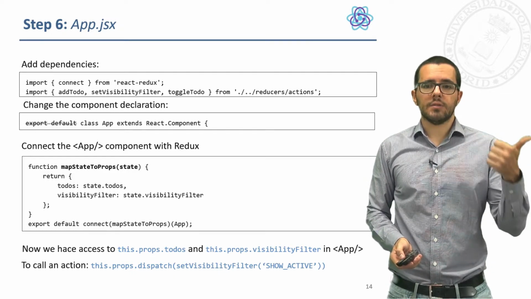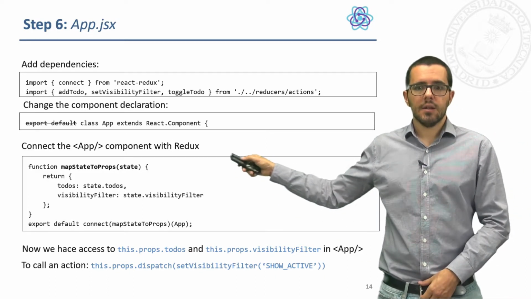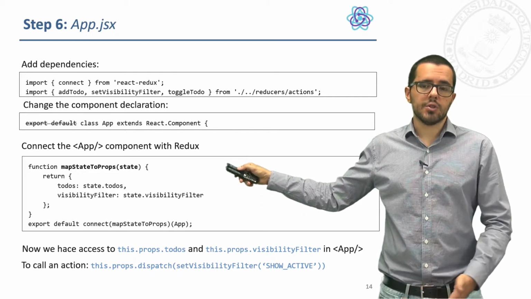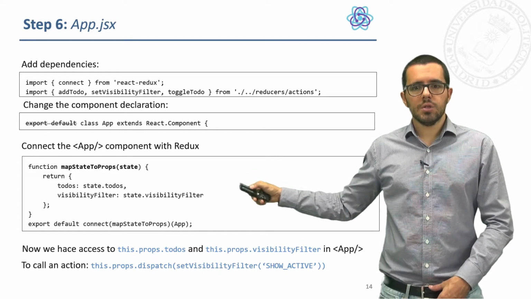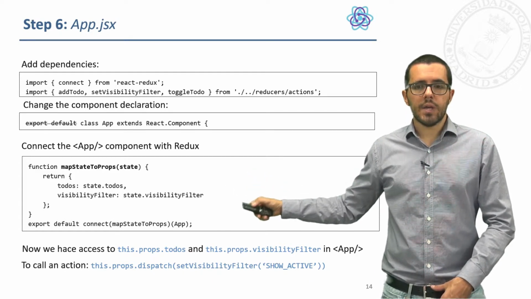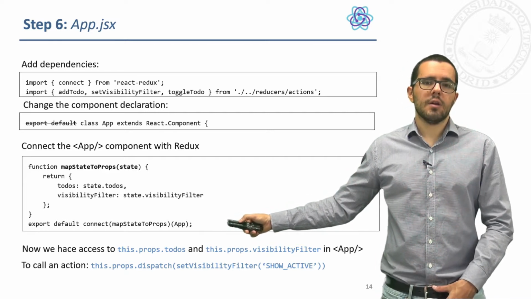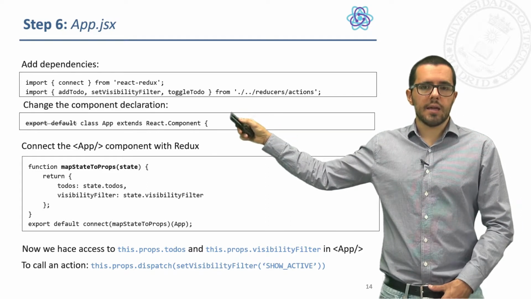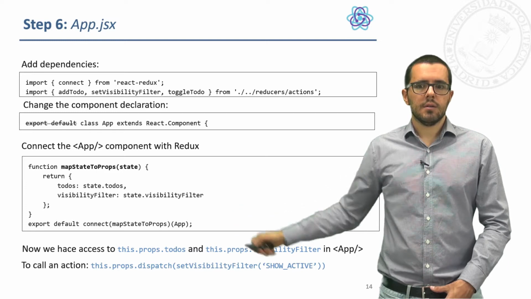Remember, we have done the provider part and we now have to connect the Redux state to props. So we have a function, mapStateToProps, to return to-dos and visibility filter. And we export it because, remember, the connect method gives us a new component. So we don't export app, but what we get with the connect.